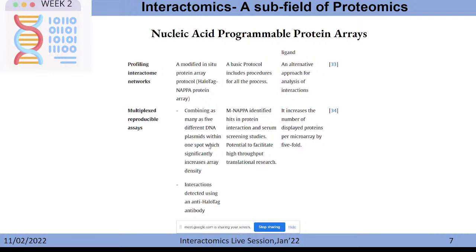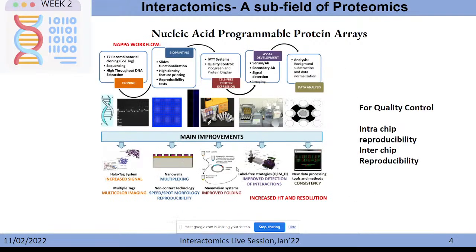Then come the multiplexed reproducible arrays, combining as many as 5 different DNA plasmids. Within one spot you can combine different DNA plasmids, so it will increase your array density. As we have discussed with the workflow that has been used quite a number of times, there have been some improvements, which include the use of the halotype system or multicolored imaging.